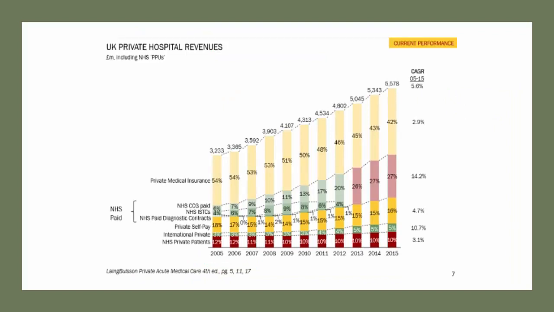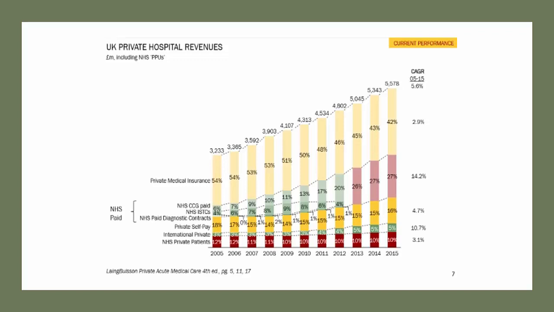So you can see here, this is a nice breakdown of UK private hospital revenues, where it's coming from, and this is to 2015. And you can see over the last 10 years, from 2005 to 2015, the percentage of the revenues coming from the NHS has increased quite steadily to take up 27% of the overall take for private hospitals, compared to 10% back in 2005.